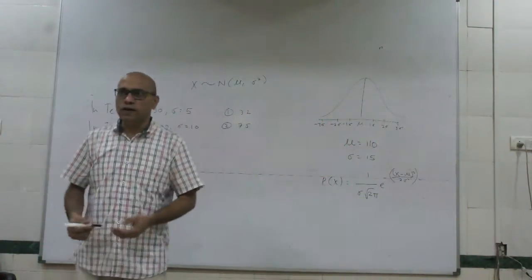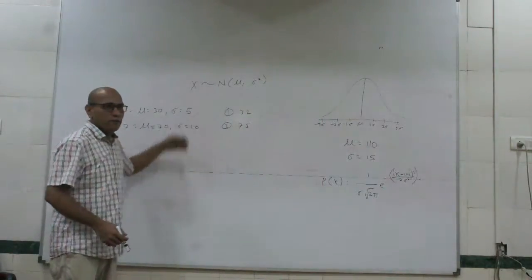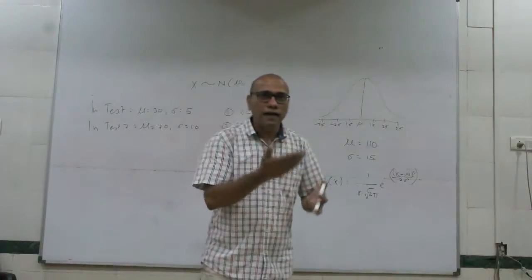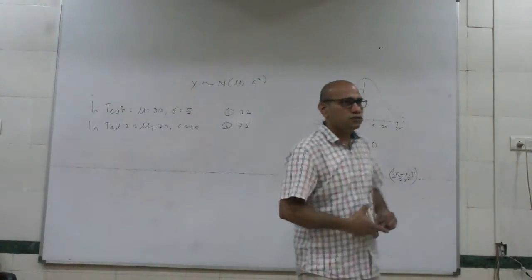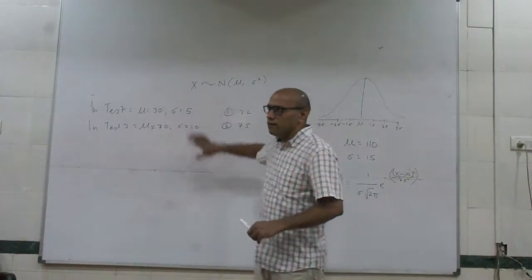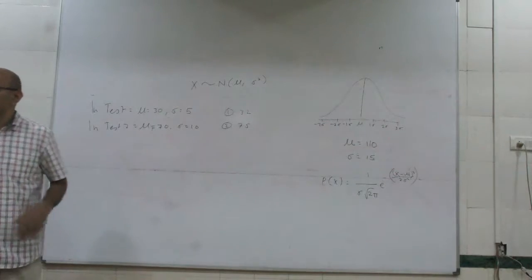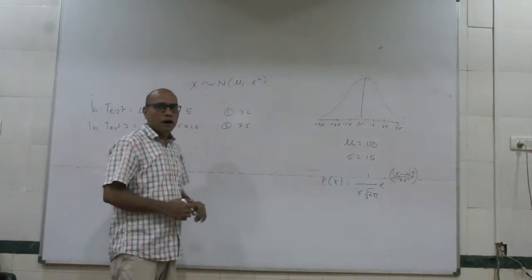We know that because the means and variances will be different, because each of the tests has a different number of items, right? Some tests are shorter, some tests are longer. So, given that these are fairly equivalent IQ tests in all other respects, I wish to know who is better off among the two.